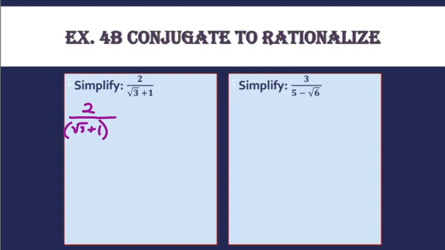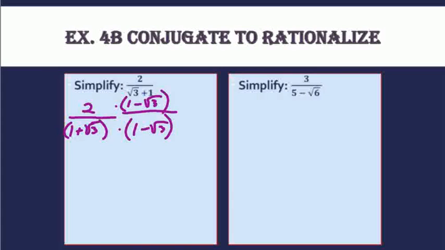So I'm going to rewrite this so I have the radical second, because that will make it a lot easier. So it'd be 1 plus the square root of 3. Now to multiply by the conjugate, it would be 1 minus the square root of 3. Whatever I do in the denominator, I must do also in the numerator.